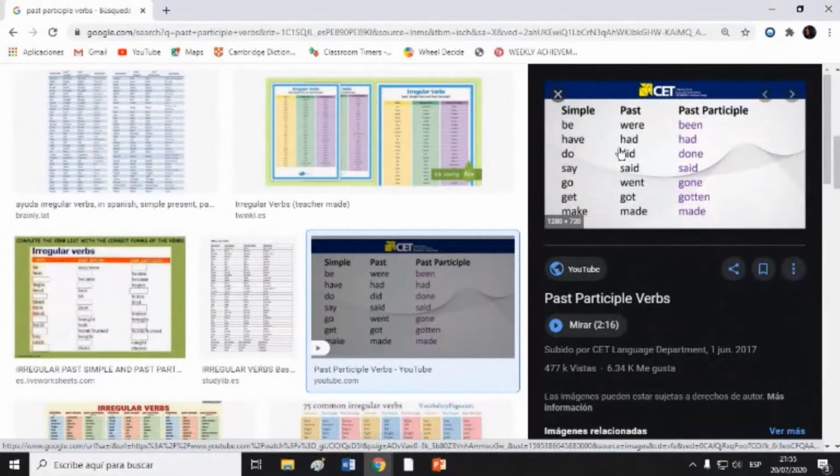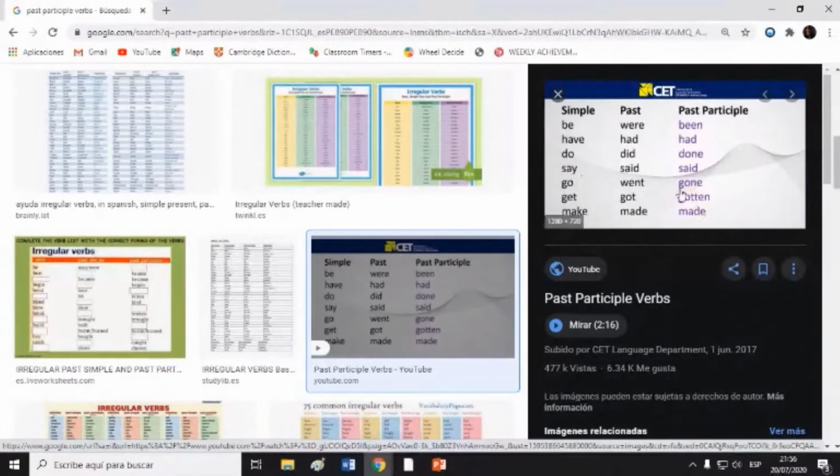Have in the present, had in the past, the past participle similar, had. Simple present, do, the past did, the past participle done. Simple present, say, the past said, the past participle said. Again, similar. Simple present, go. The simple past, went. The past participle, gone. Yeah?